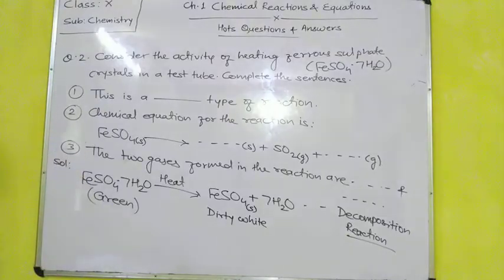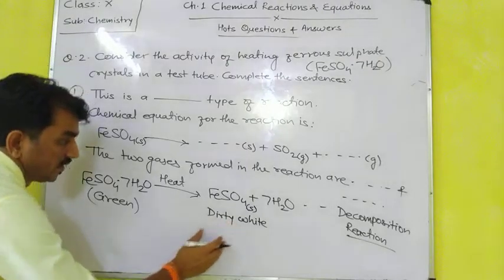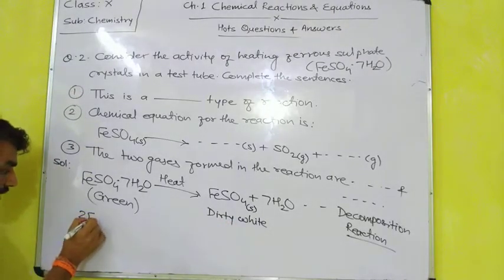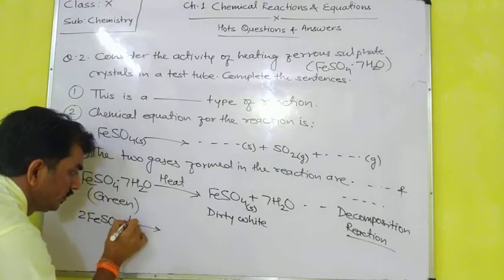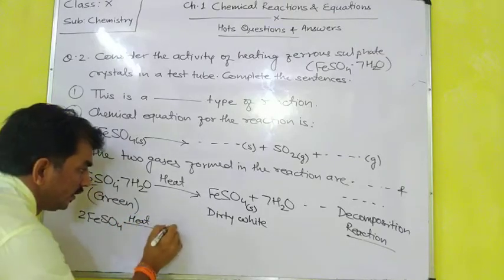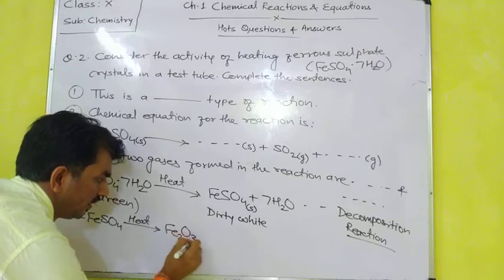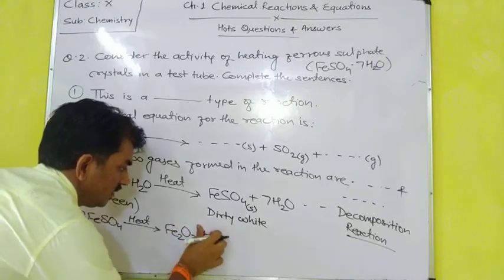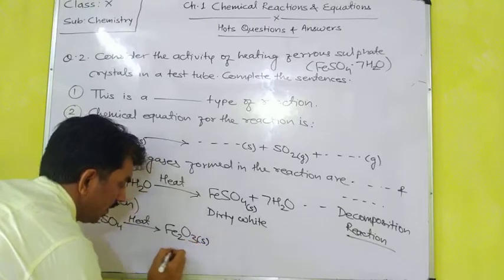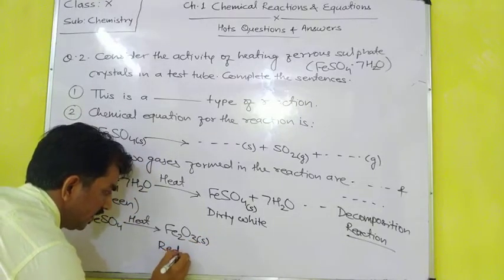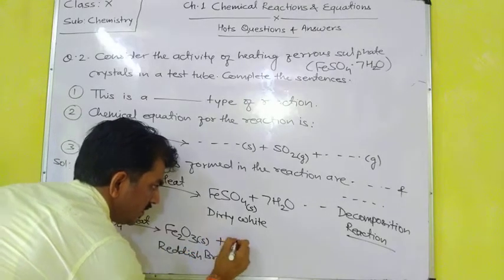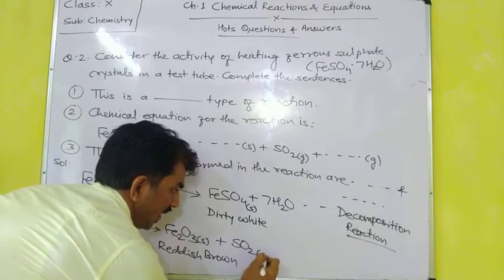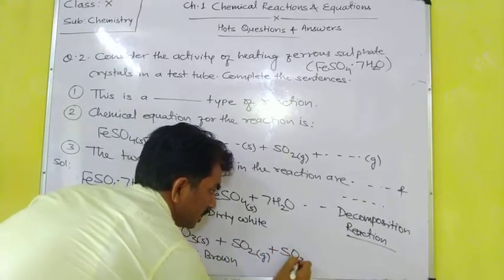After that, when we continue heating the ferrous sulfate, which is dirty white in color, it converts into Fe2O3, ferric oxide, in solid form, which is reddish brown in color, plus SO2 gas plus SO3 gas.